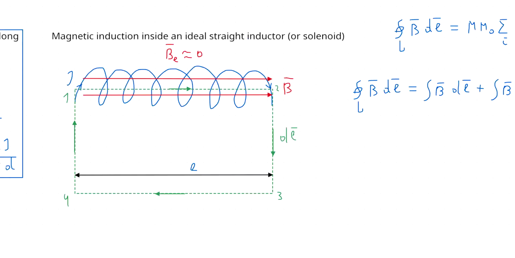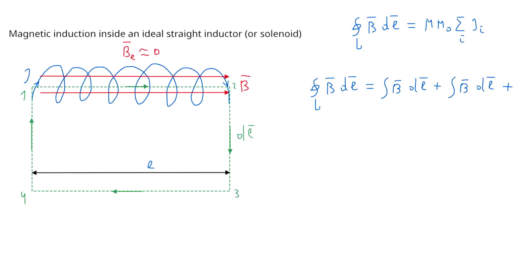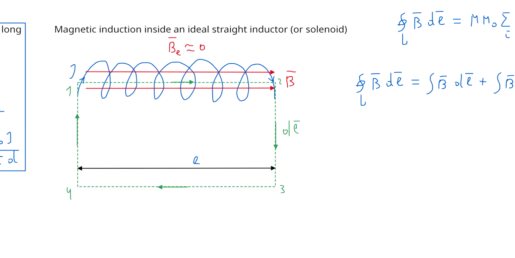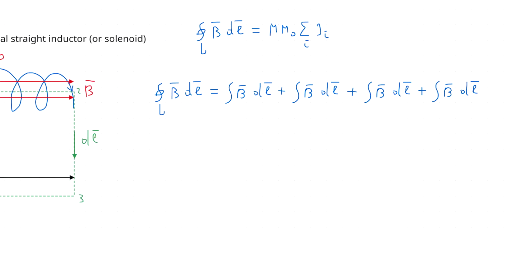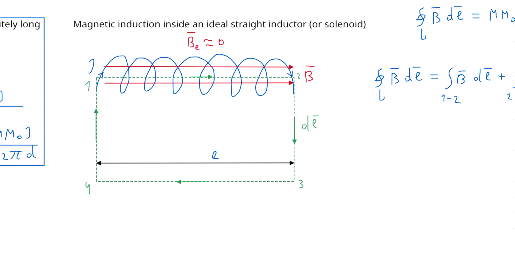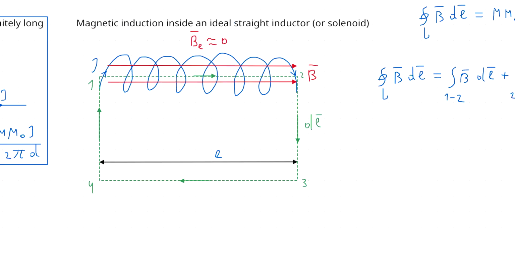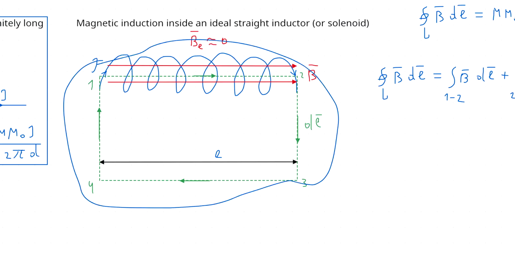So in this situation, the first will be for side 1, 2, then 2, 3, then 3, 4, and 4, 1, because we have 4 sides of the rectangle.